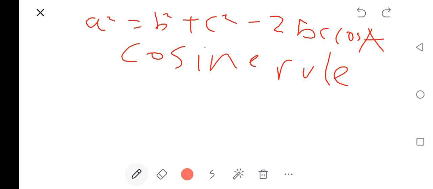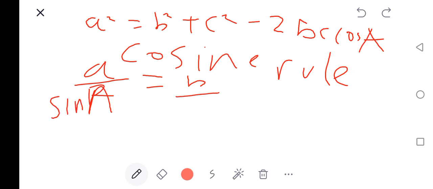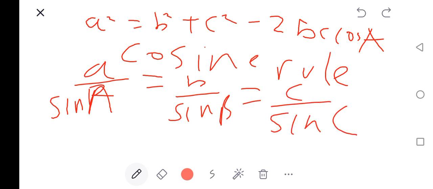So the other one is a over sine A, b over sine B, c over sine C. For Madam Selina, what did we say? When do we use this formula? Two angles and one side.